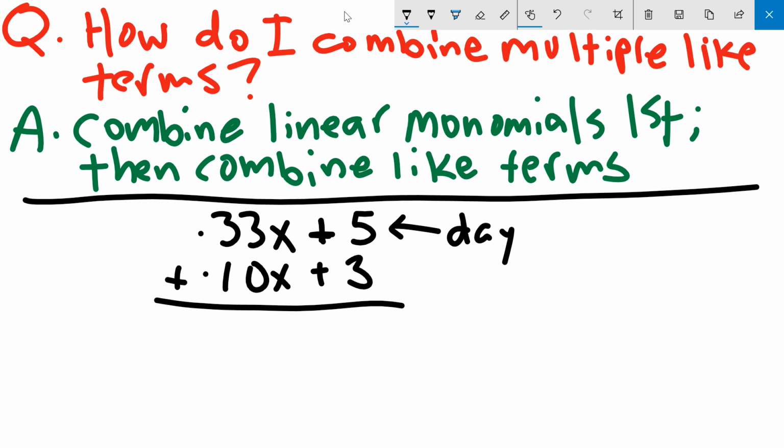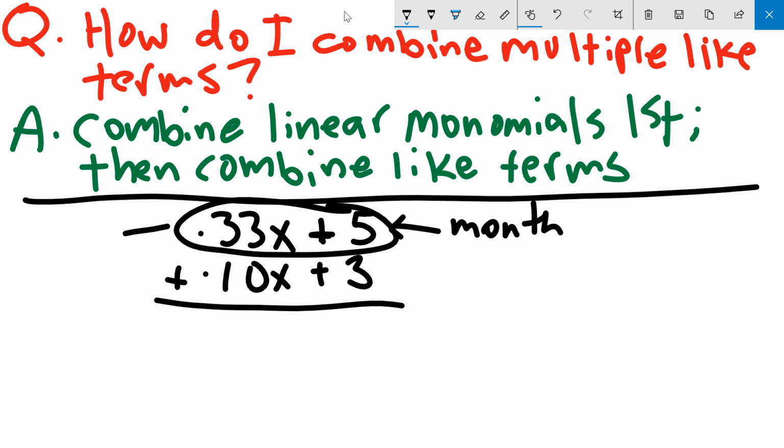Well, if it is, then this whole expression is going to help us make a prediction for each day. If it's not per day, let's say it's per month, then this expression is going to help us make a monthly prediction.